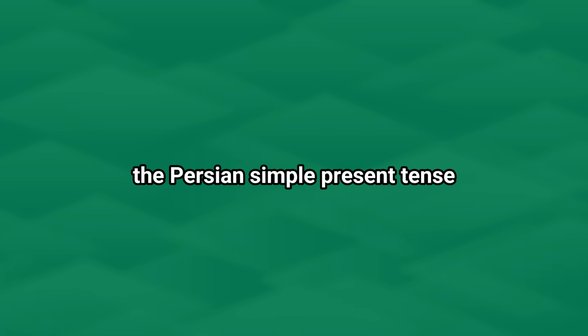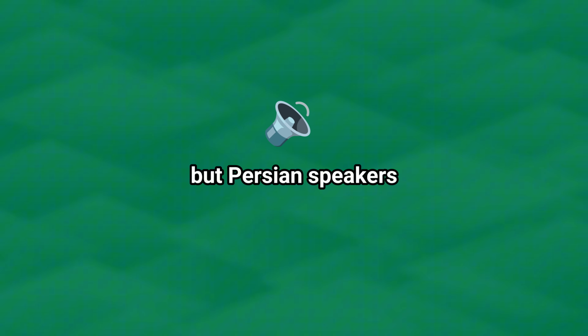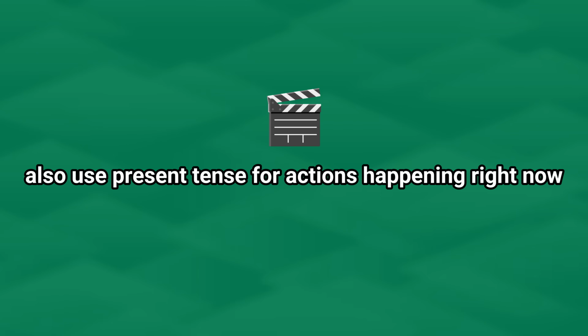The Persian simple present tense can describe regular actions, general truths, habits, and actions happening now. For example, من قهوه میخورم means I drink coffee regularly. But Persian speakers also use present tense for actions happening right now.